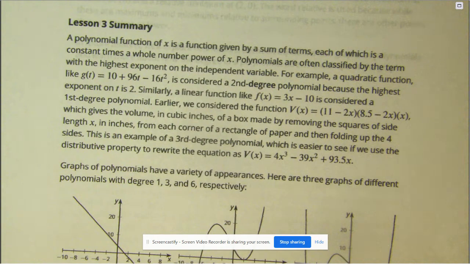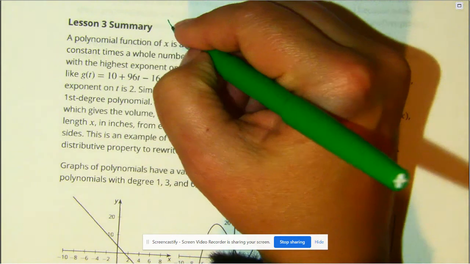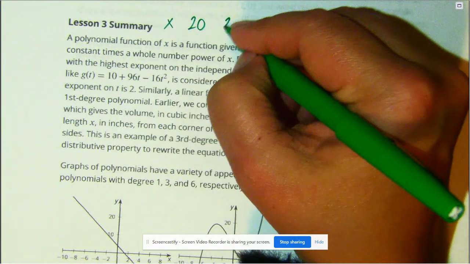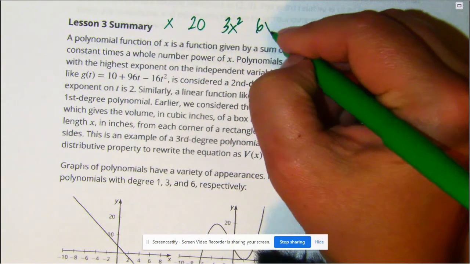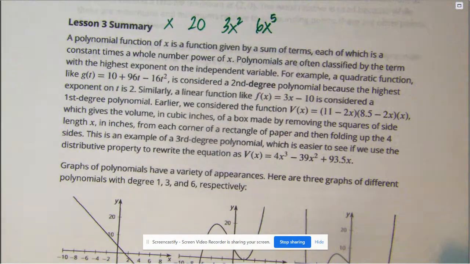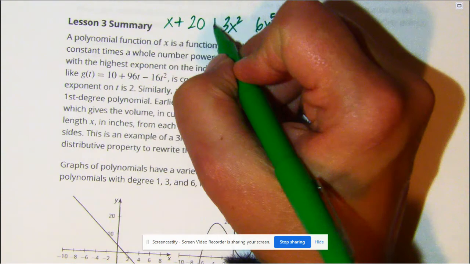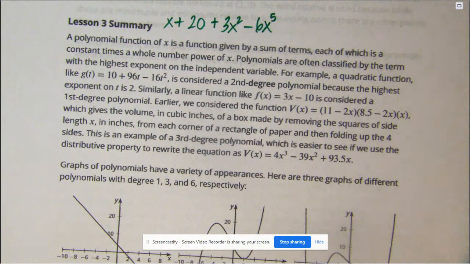To me, a polynomial is like a sentence. In English, you string a bunch of words together. In math, you have terms, like you might have x, you might have 20, you might have 3x squared, you might have 6x to the 5th. If I string all those together, that's a polynomial.